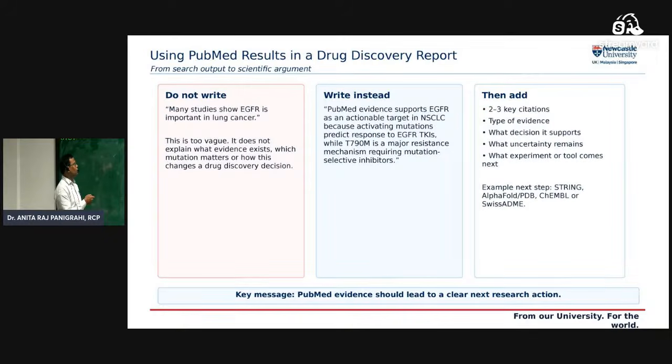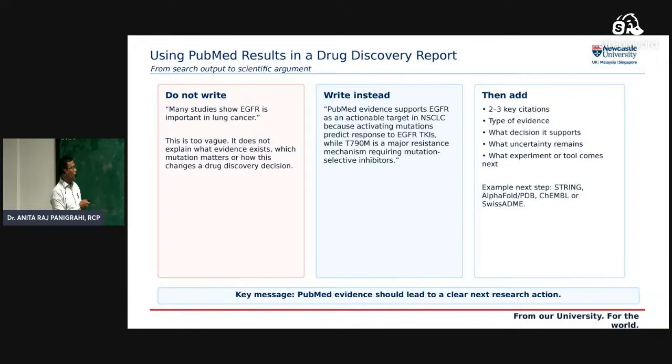Okay, do not write "Many studies show EGFR is important in lung cancer." That's what many students write. It's not at all right. The correct way of writing is "PubMed evidence". You need to say which database told you that.